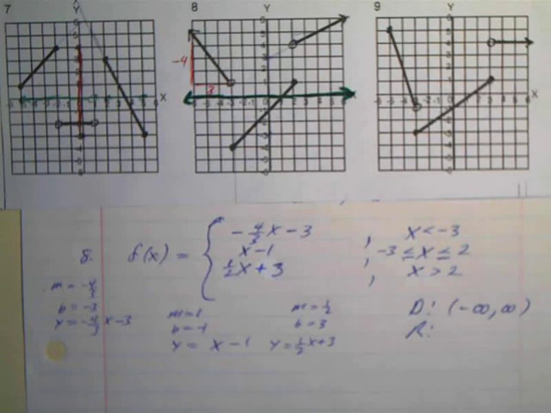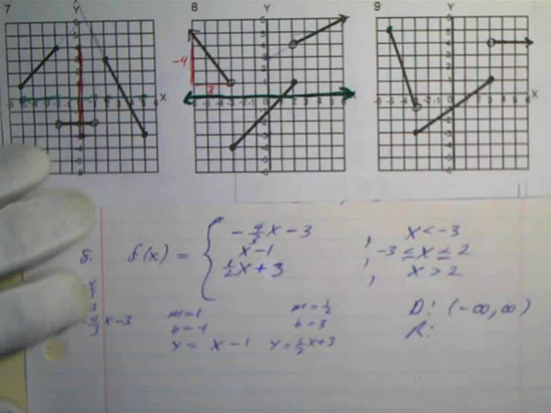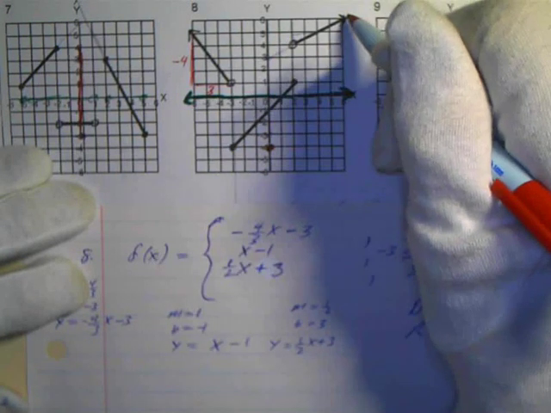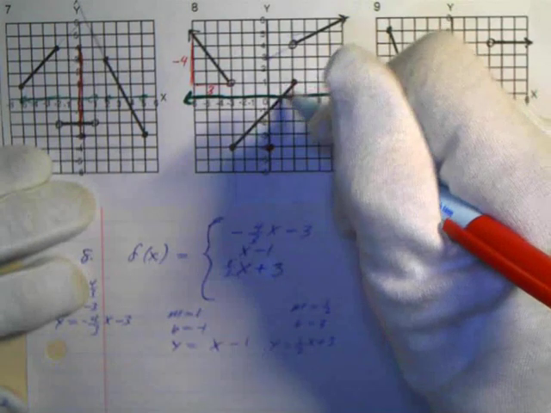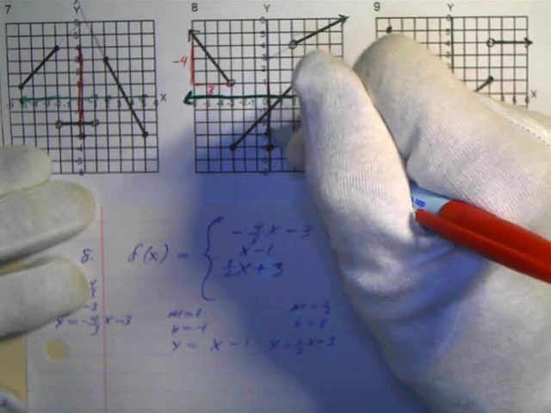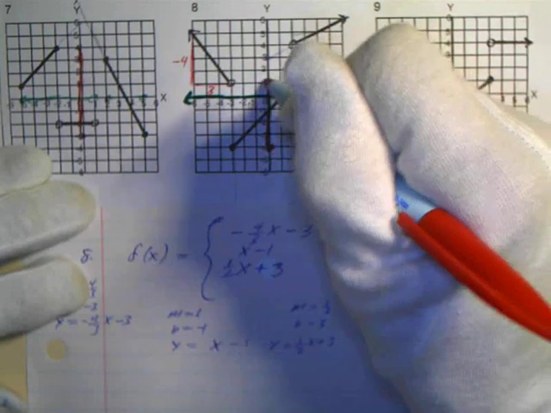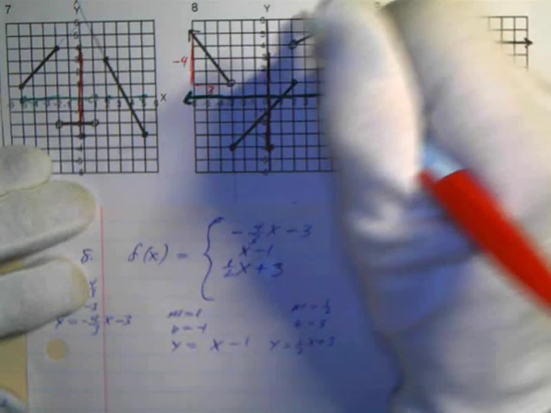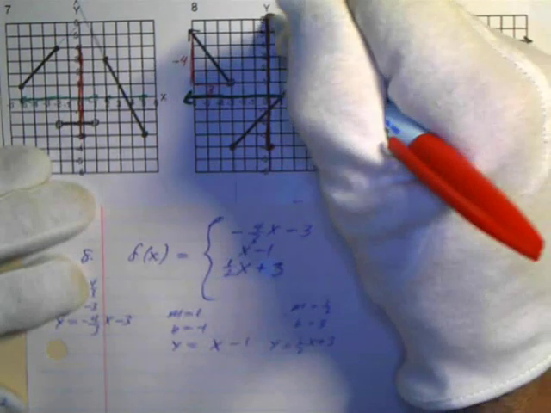And the range. What's my lowest y value? It looks like my lowest y value is -4 down here, and there's a dot there. And it looks like this keeps going up and up and up because it's going to cover here. And here I got a dot here, so it's covered there. And then from there it's covered with this branch. And then it also overlaps with this branch, and it keeps going up.